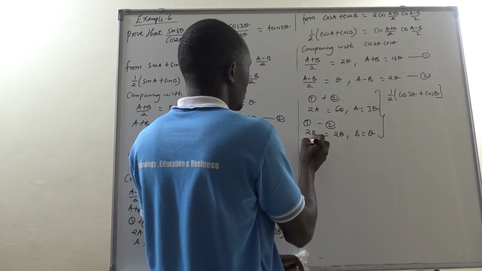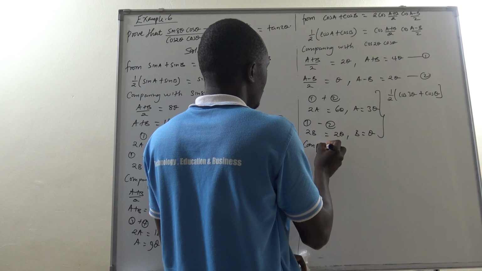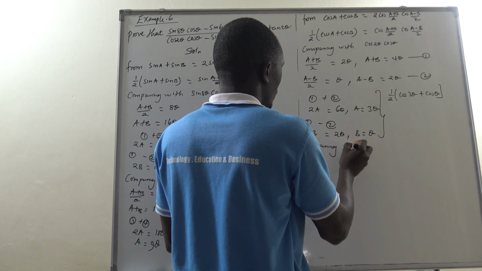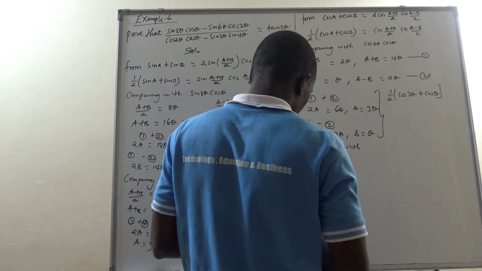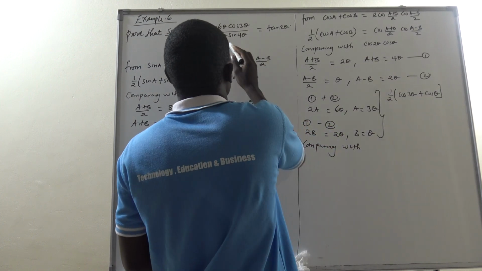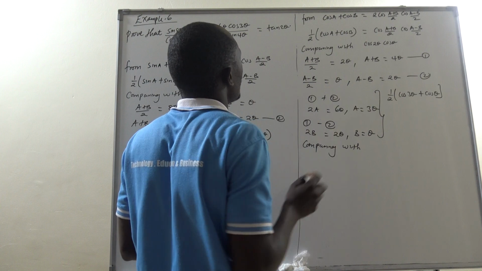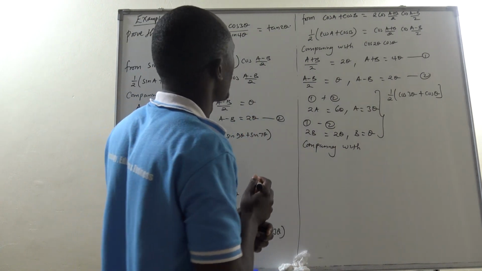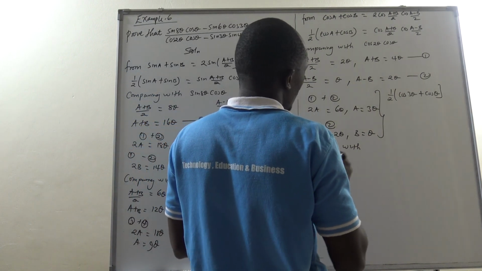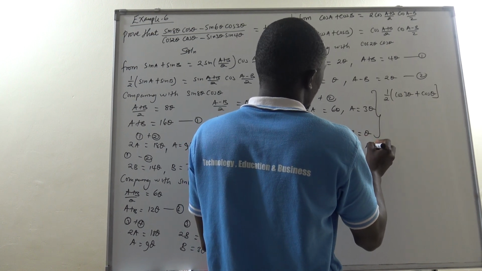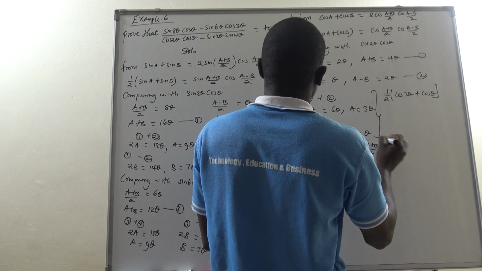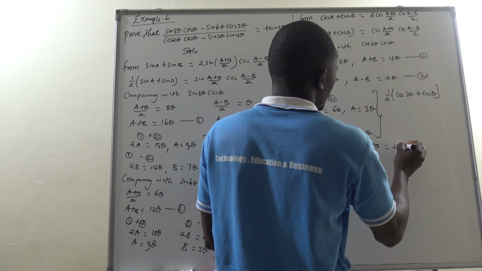We also go ahead and say, comparing with, from which factor formula are we going to use? Comparing with the one which brings sine, that is cos minus cos. It will be cos a minus cos b. So we shall say a plus b out of 2 equals 4 theta.